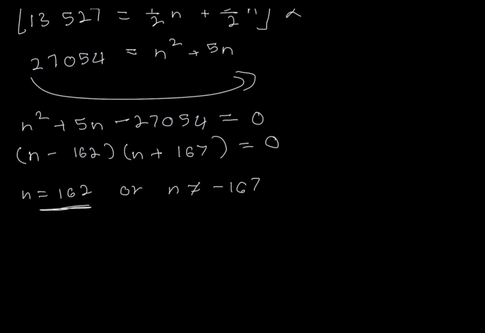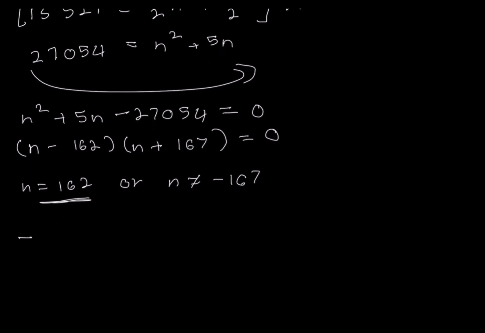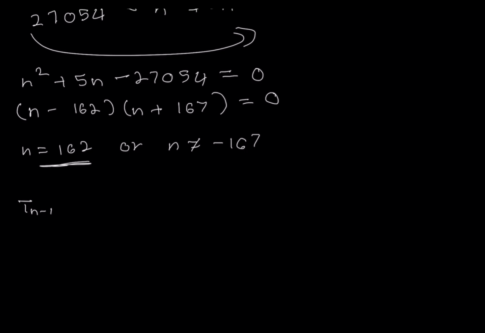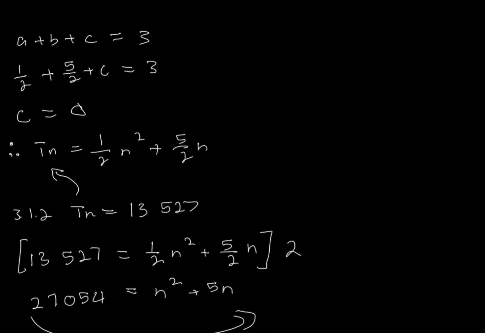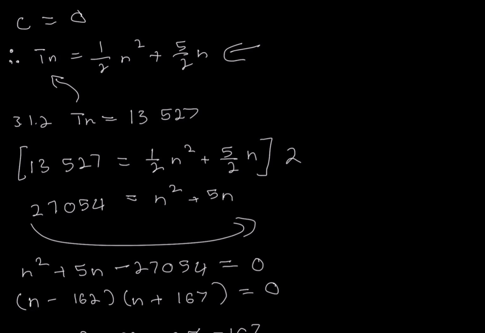Okay? So now, the question says they want Tn minus 1. We have our n to be this. Therefore, we are going to just substitute this n here. So it's going to be T of 162 minus 1, which is therefore equal to the general equation. We are going to use it.